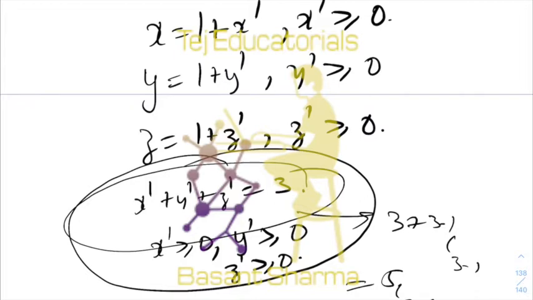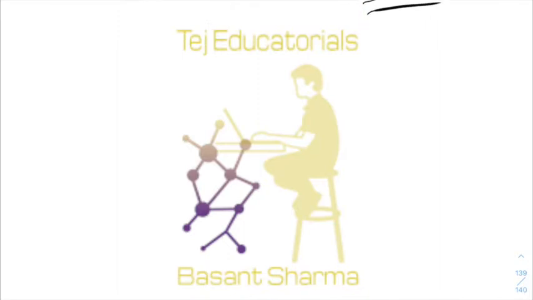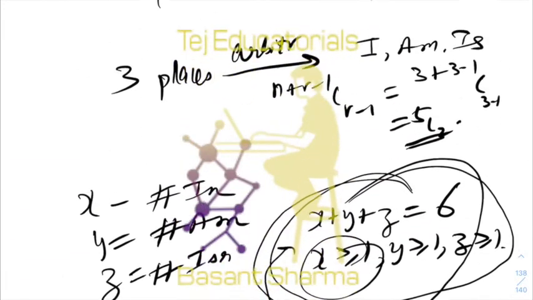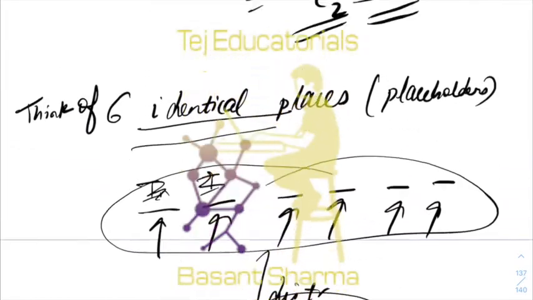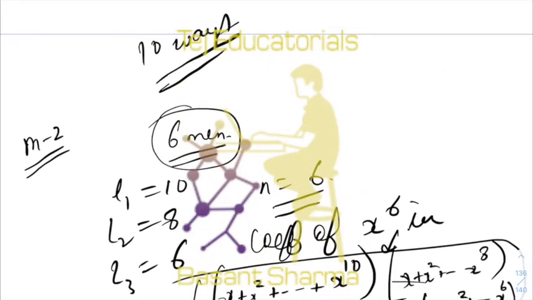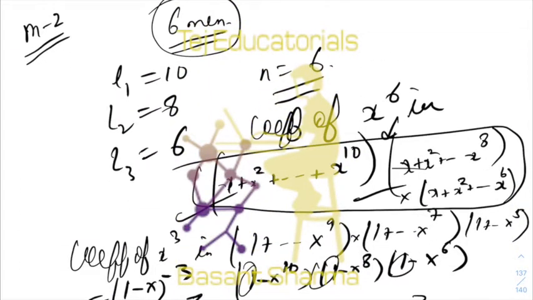Now the next thing is, suppose it matters which Indian is selected or which Israeli is selected or which American is selected, then how will you do it? Then this method will fail, because the current method that we have used assumes implicitly that it does not matter which Indian or American or Israeli is selected, because we are only calculating the number of solutions.